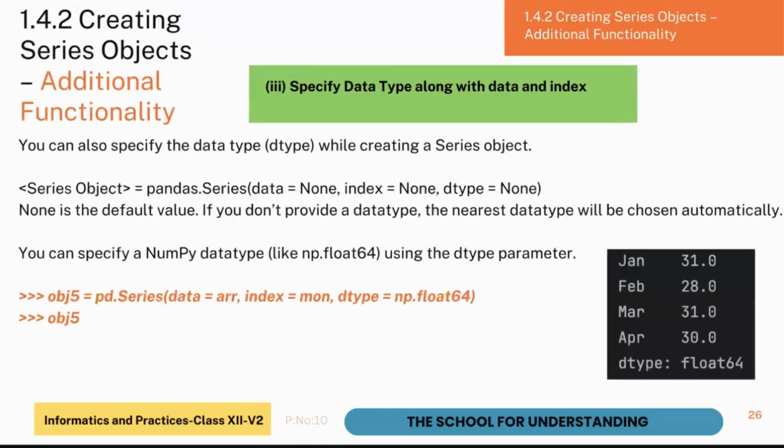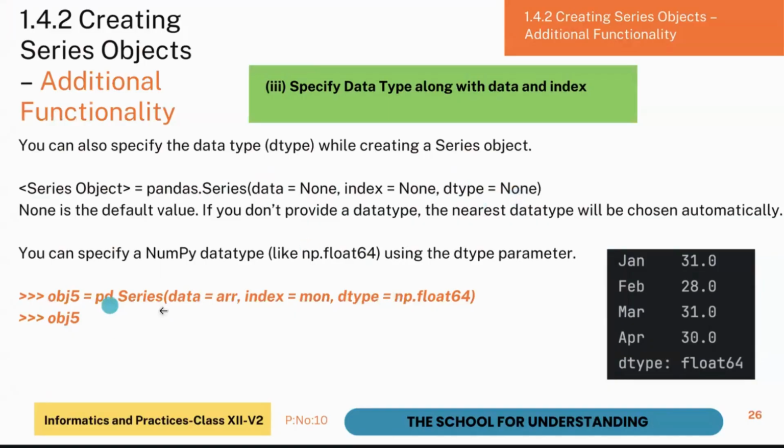Now we can also mention the data type. This is the third option. We can mention the data type of the data. Look here, we can create a Pandas series. We are passing the data and we'll pass the index, and one more parameter we can pass is the data type. By default it will be None, but we can pass our own data type.